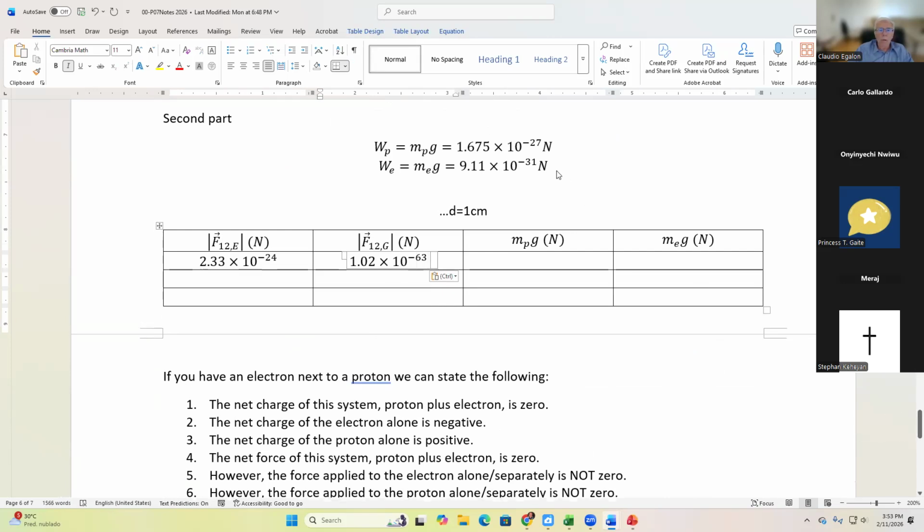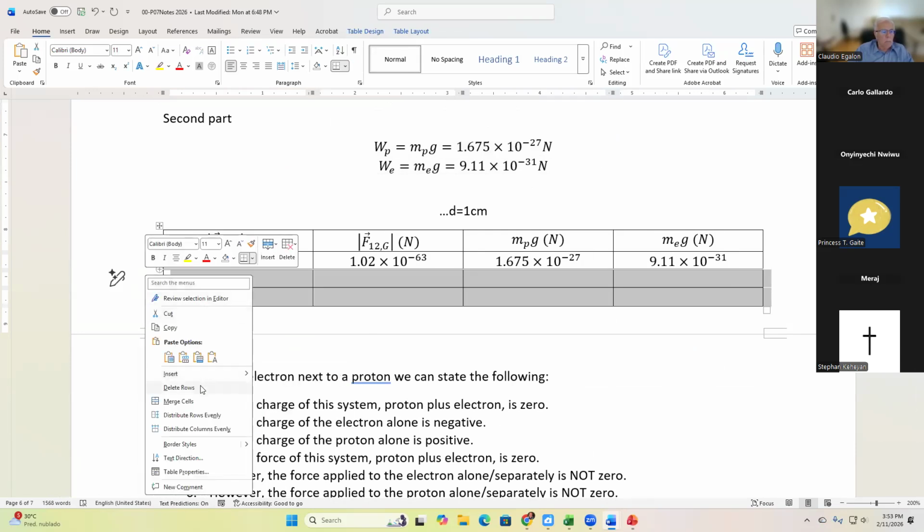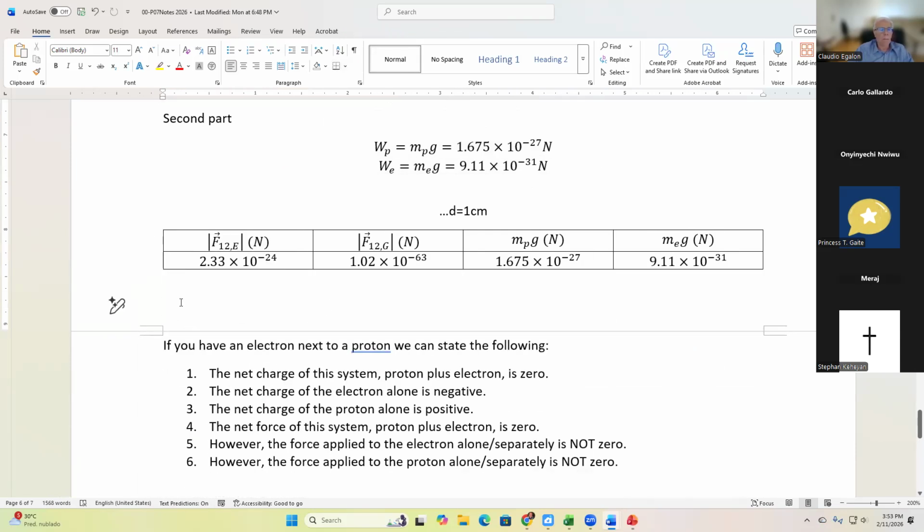Weight of the proton. Weight of the electron. Okay, we don't need those two. So here are the numerical results.